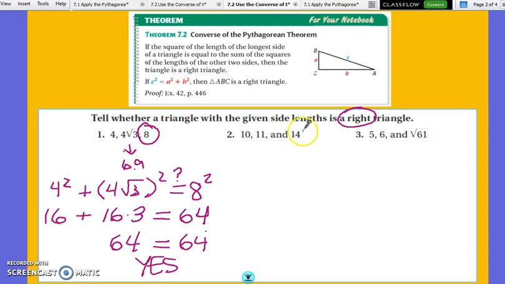We would make sure that we had the biggest side. And if you remember yesterday, we were trying to figure out if that was a Pythagorean triple. Only we had 10, 11, and 15. And so let's see if 10, 11, and 14 would work, because remember, the 15 wasn't quite right.